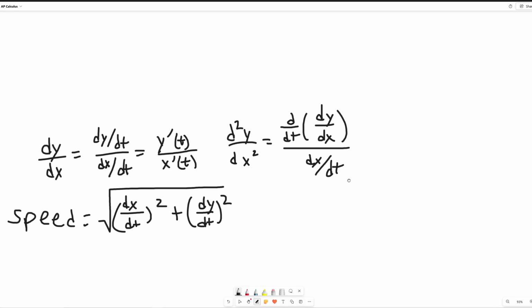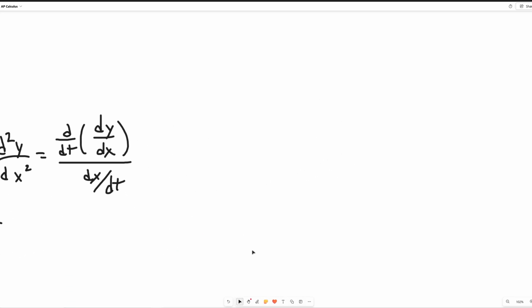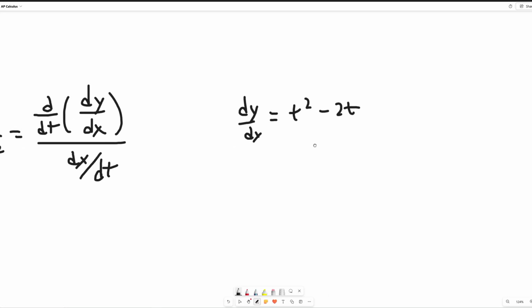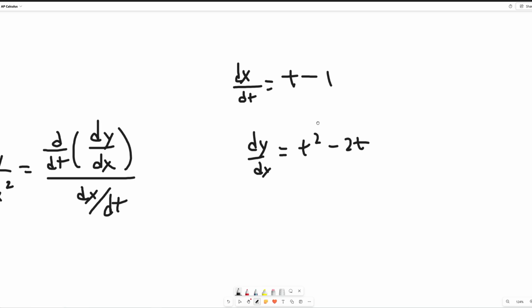So what that means is, if I have some sort of function, I say dy over dx equals t squared minus 2t, and then I said dx over dt was t minus 1.